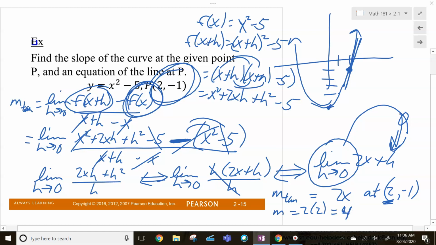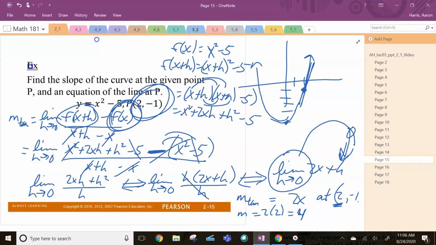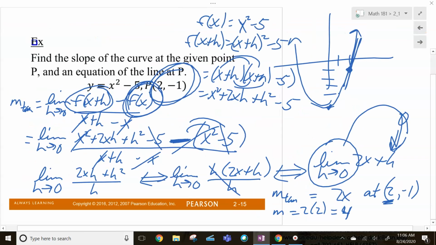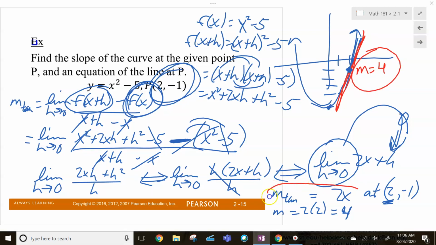So I'm like, oh, that means right here, that slope is 4. I found the slope of the tangent line's equation. I plugged the 2 in for x, and I got a slope of 4.